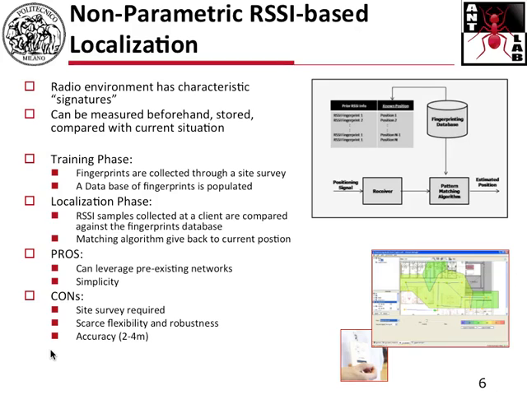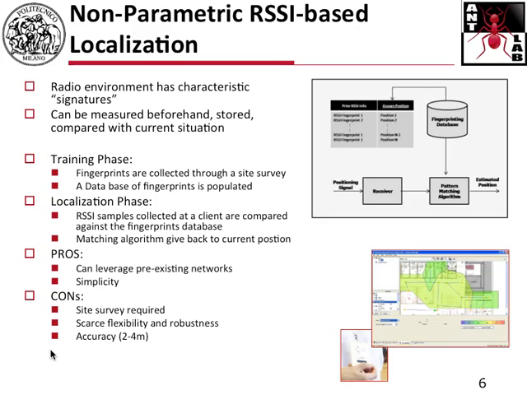And more than that, it's not that flexible because, as I was saying, propagation condition may change over time, which means that you would have to repeat this site survey several times during the day just to be sure that the database you are populating reflects the current status of your environment.